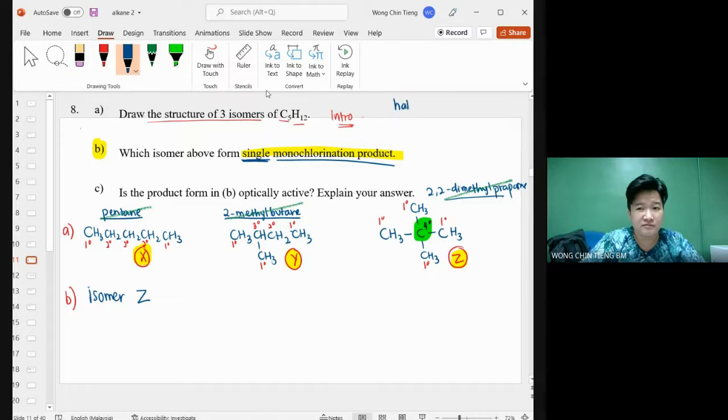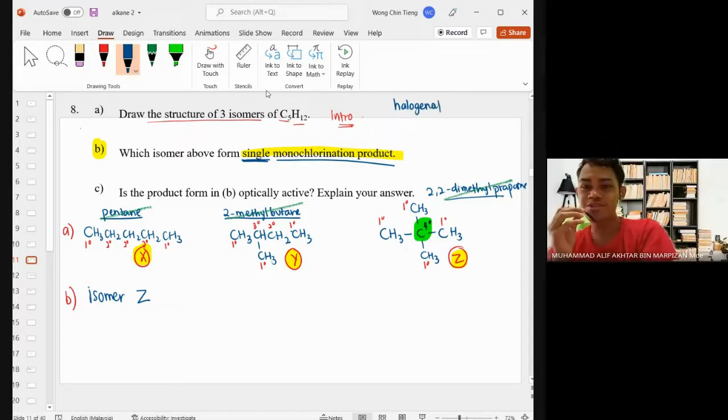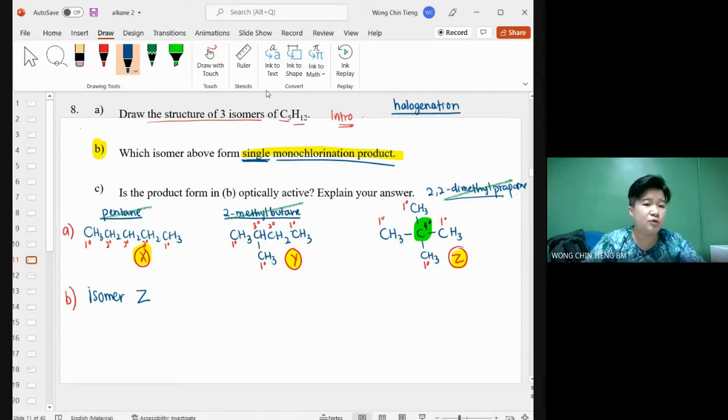Because we are substituting only hydrogen. Kita tak boleh ganti CH3. Kita hanya ganti hydrogen. And what Alif said is correct. In the quaternary carbon over here, we don't have any hydrogen. Sebab tu quaternary carbon will never undergo halogenation, because halogenation undergoes free radical substitution.